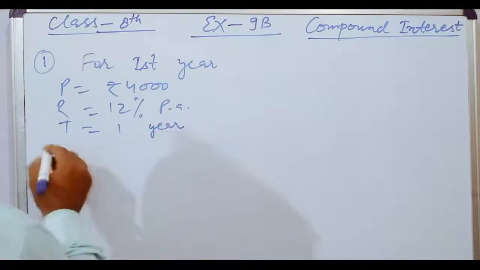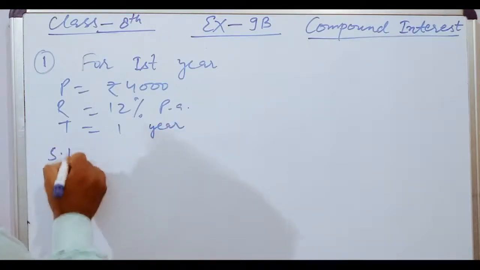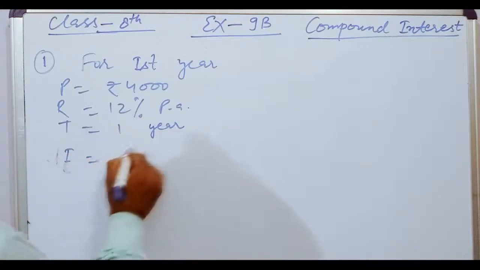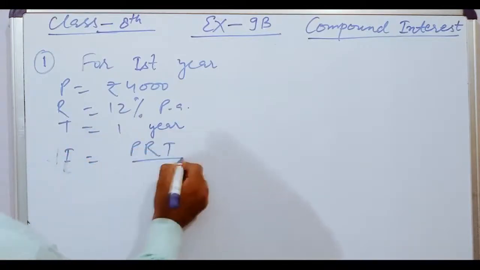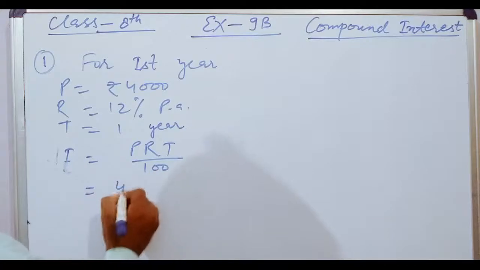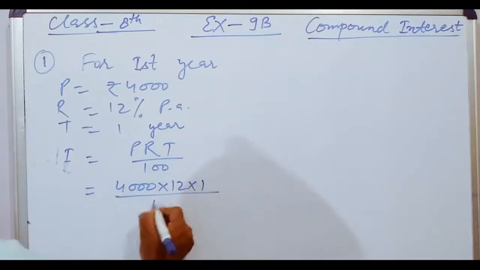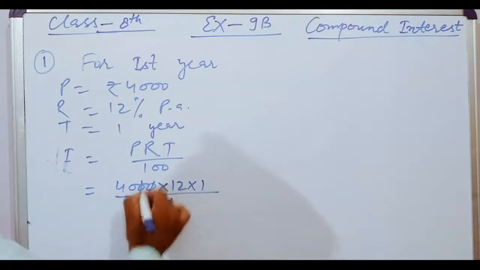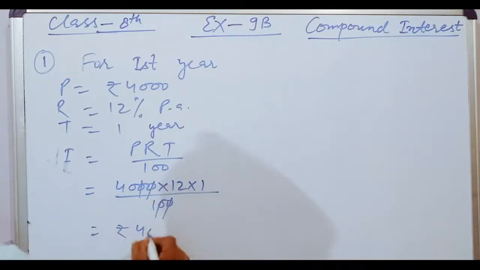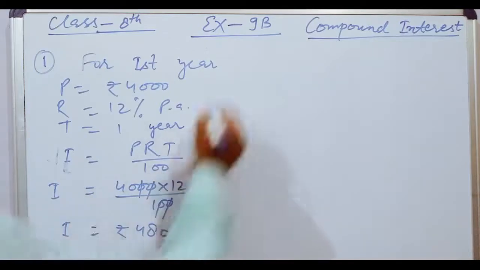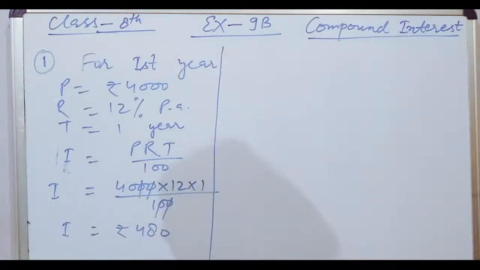For 1 year, interest equals PRT upon 100. It is 4,000 into 12 into 1 upon 100, which is rupees 480 interest.